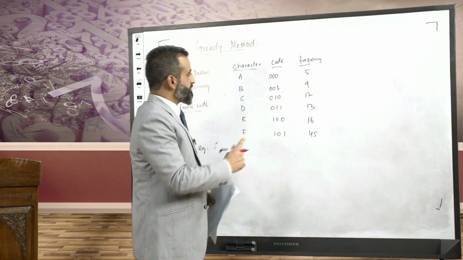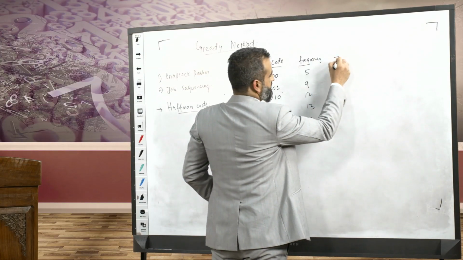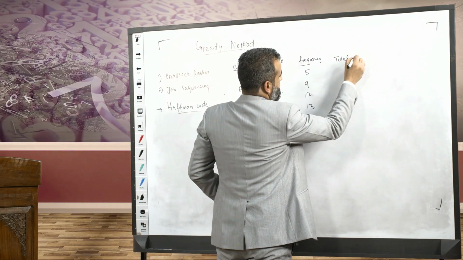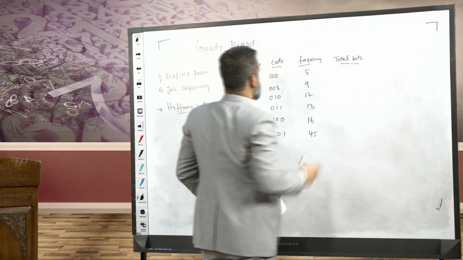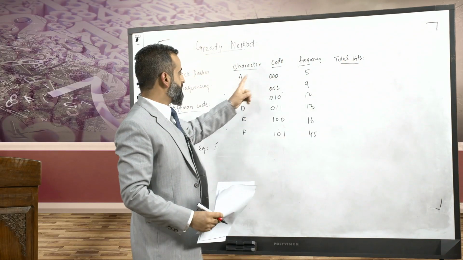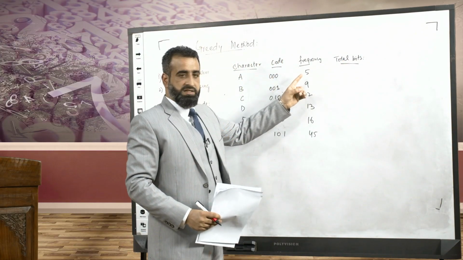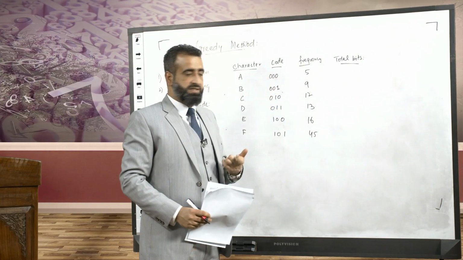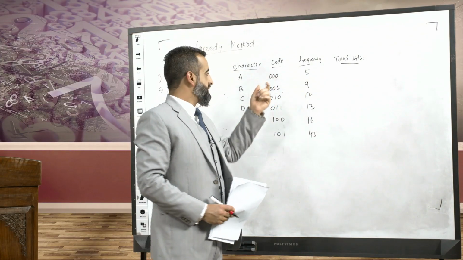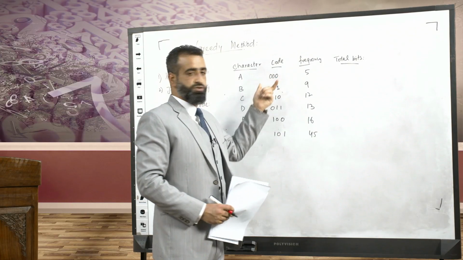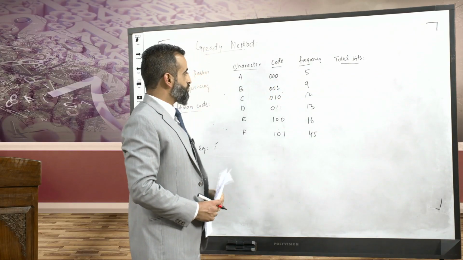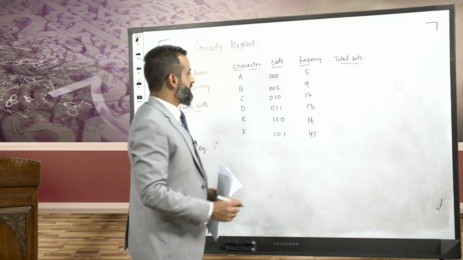Now let's compute the total number of bits that I need to represent this message. If A has a frequency of 5, that tells me that A has 5 occurrences in the text, and every single occurrence requires 3 bits for its representation.